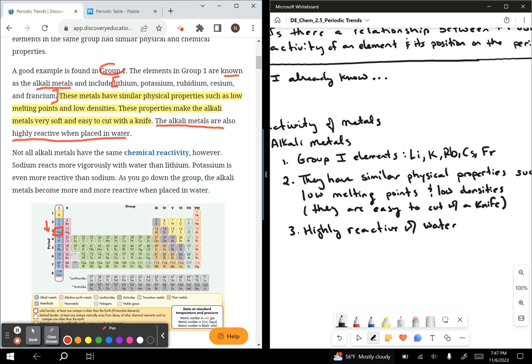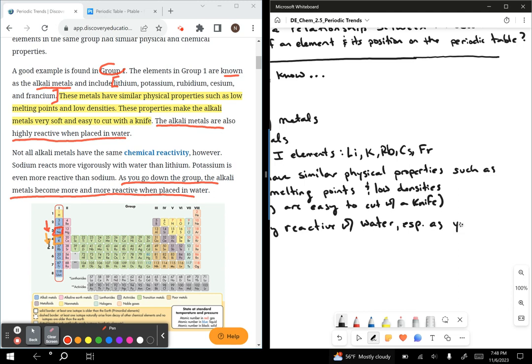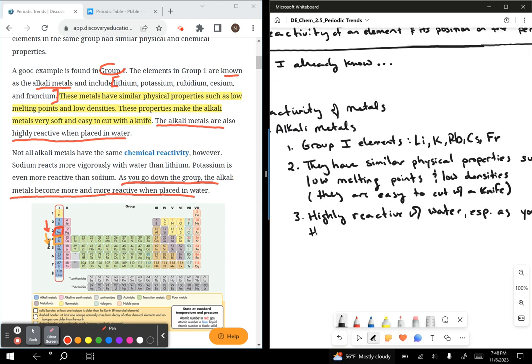So potassium is the next one down, and potassium is more reactive than sodium. As you go down the group, the alkali metals become more and more reactive. So they're highly reactive with water, especially as you go down the column.